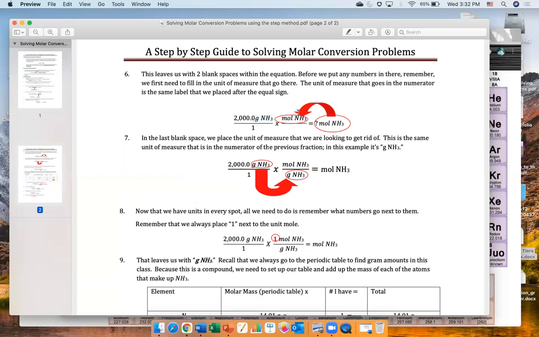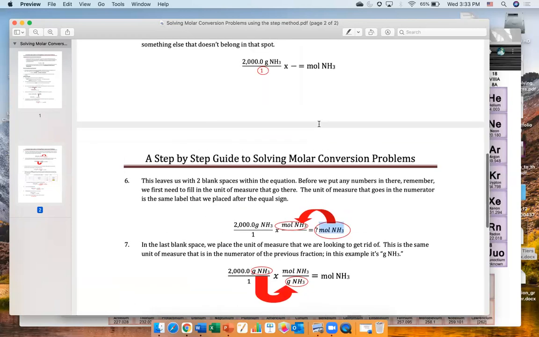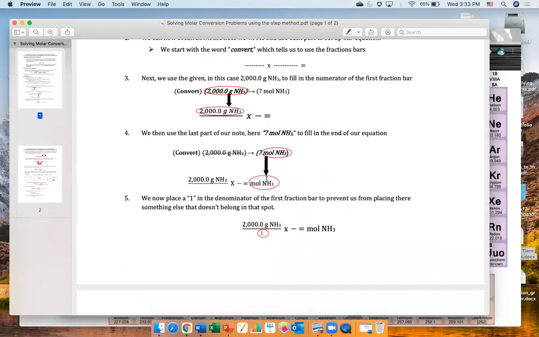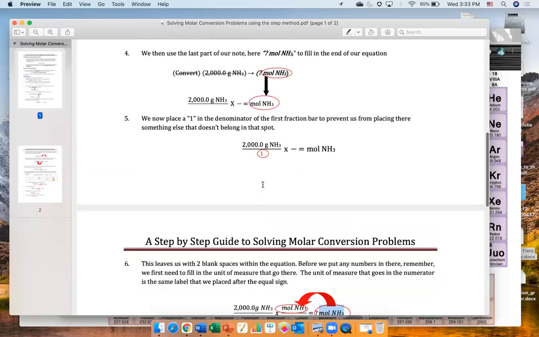What I do with step 6 is, and this is why I move stuff to the back. It's why I filled in this back part, because whatever I put back here always flips to the top of the second fraction bar. Whatever I put in the last part of my note is what drops into that last part of the equation behind the equal sign.